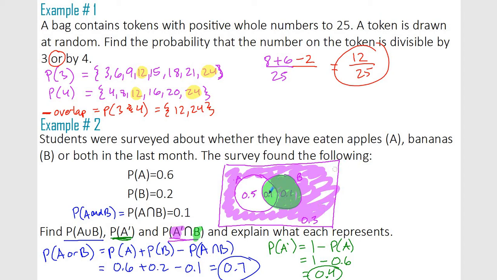So what we want is not A and B. And is the overlap, okay? So the overlap here would be 0.1. So for that third question, that third probability would be 0.1.